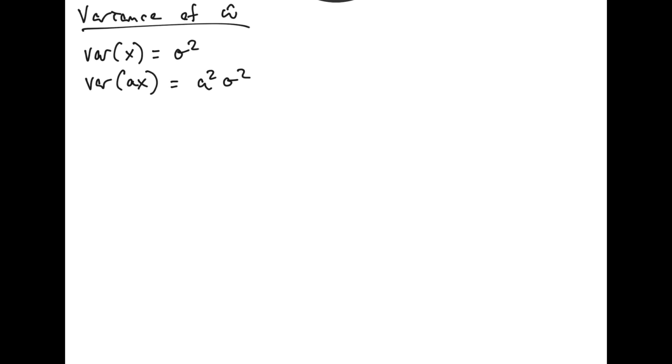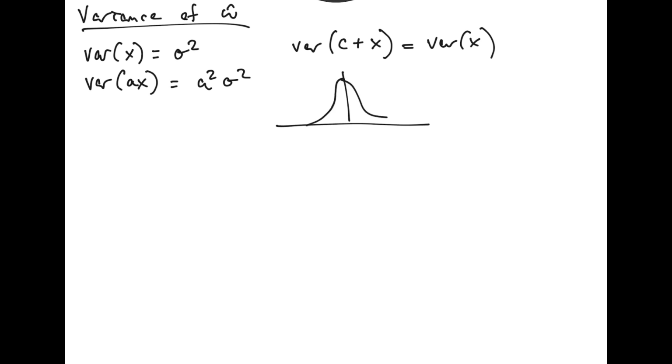The second thing we want to know is if we have a variance operator on a constant plus some random variable x, this is just equal to the variance of x. To see why this is, suppose we have some distribution, our distribution of x.